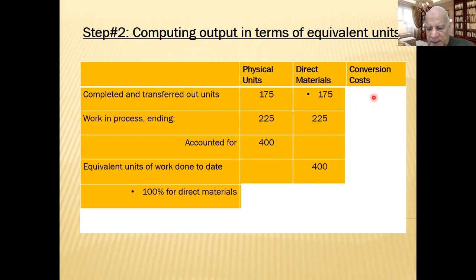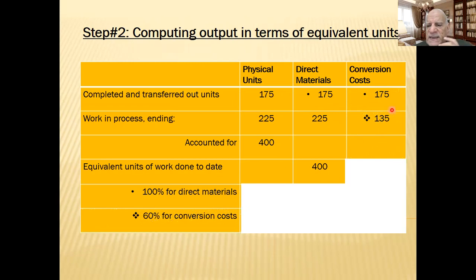So they will be also 175. But as for the work in process, these units are uncompleted. They didn't receive all what they need from the labor or overhead.